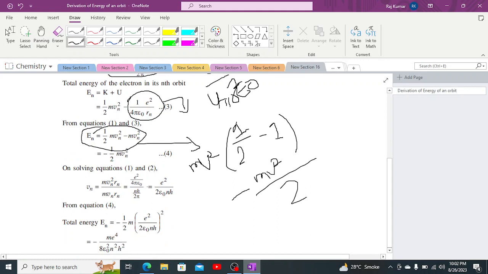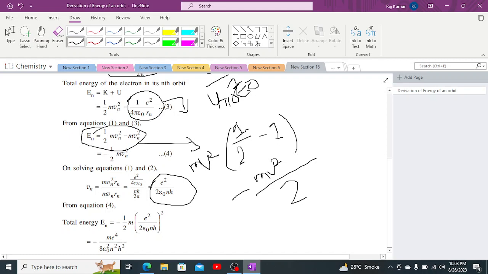After which we have to discuss solving equations 1 and 2. First of all, previously we learned the value of velocity. What is the value of velocity? Value of mv² is equal to e² upon 2 pi epsilon naught nh. And how did we calculate that?